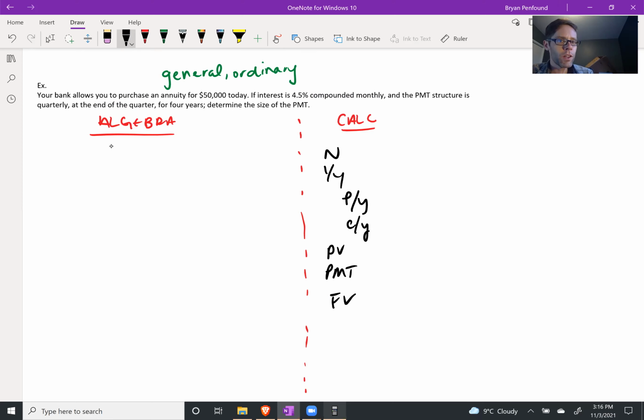So let's see, what do we know? We know that the interest rate is 4.5% compounded monthly. So the frequency number 12 is going to go with CY. Our payment structure has a frequency value of 4 quarterly.